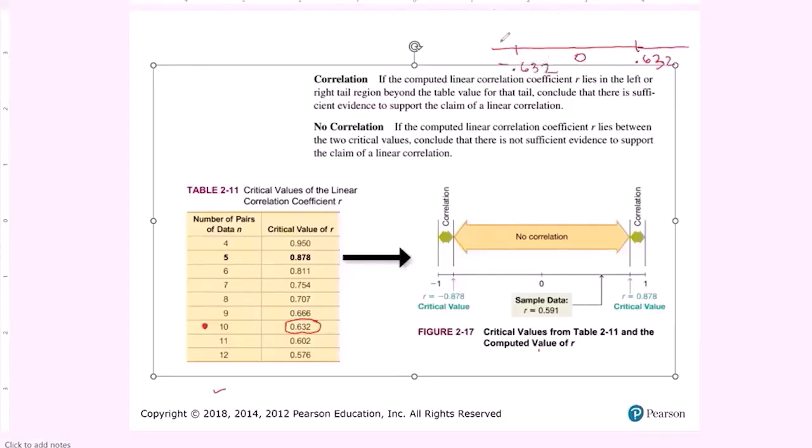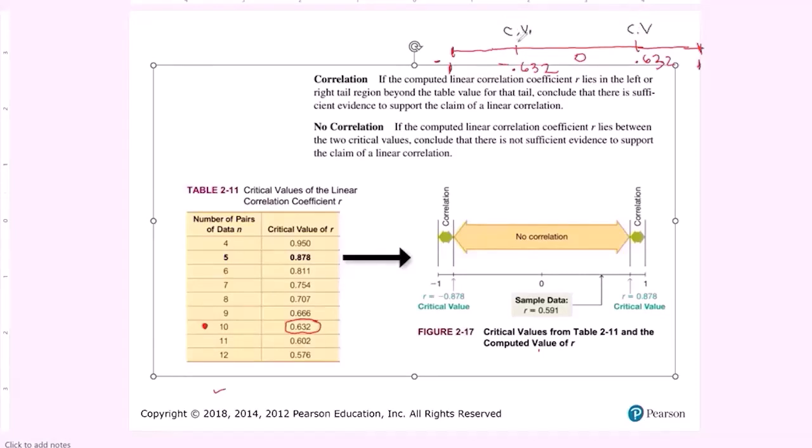Because remember, we can go from -1 to +1. And the value that it's giving me here is just the positive. There's always going to be a positive and negative critical value. And my critical values are right here, critical value, and right here, critical value.